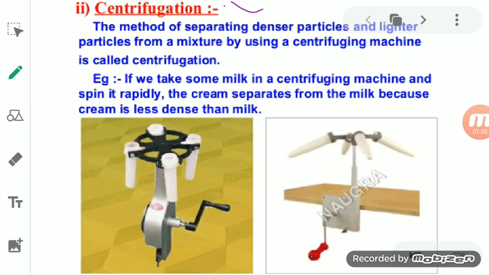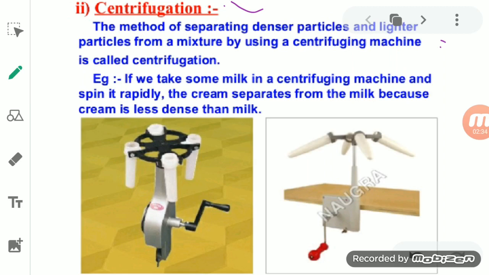It is a method of separating the denser particles and lighter particles from a mixture by using a centrifuging machine. Here the lighter particles are the suspended particles. Basically, this method is used for separating the suspended particles of a substance from a liquid.